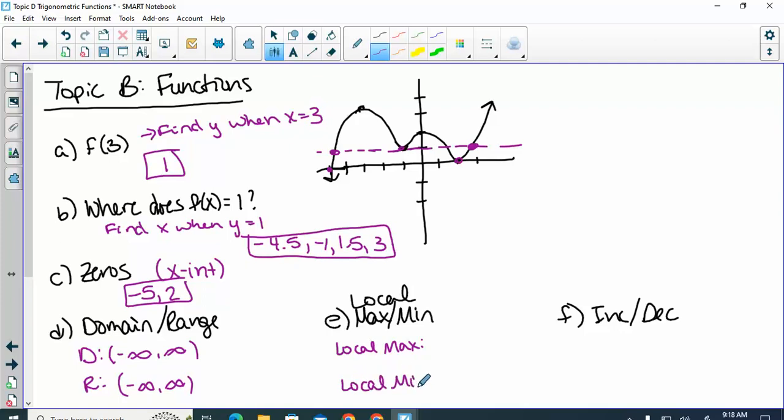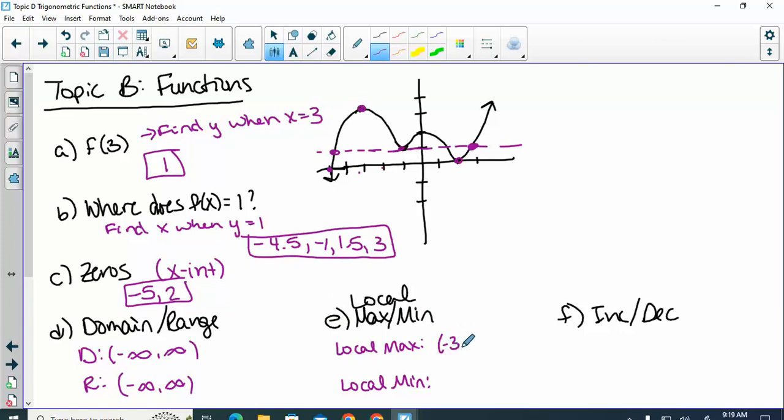Local max and min. So you can write these in function notation, you can write them as ordered pairs. A local max is not necessarily the highest point on the entire graph, it's just higher than the ones surrounding it. So that would be right here. So that point is -3, about 3.5.